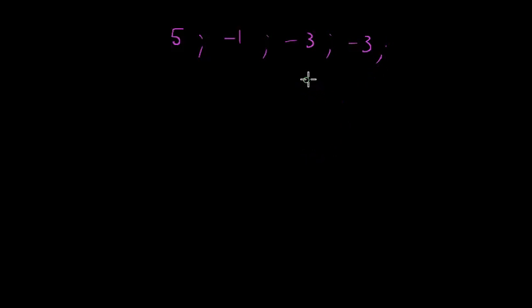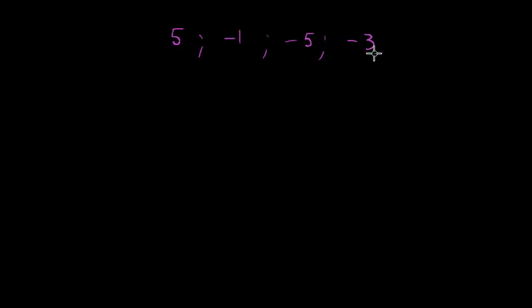So first we'll find our first difference. Negative 1 minus 5 is negative 6. Oh, sorry, wait, I made a mistake. Just let me fix it. Okay, so this one should be negative 6, negative 4, negative 2.